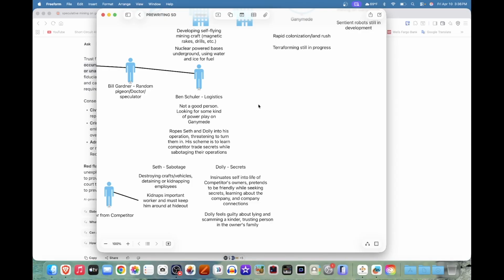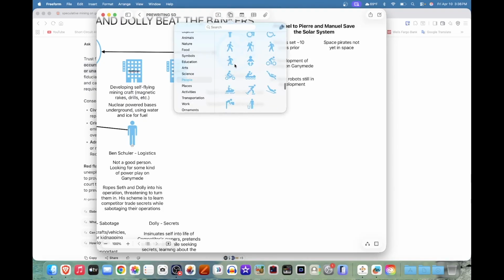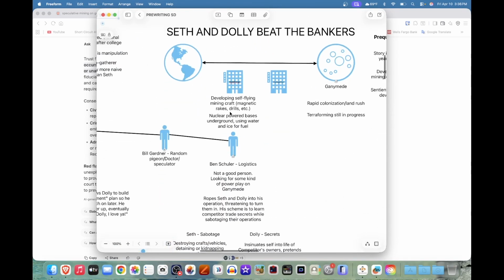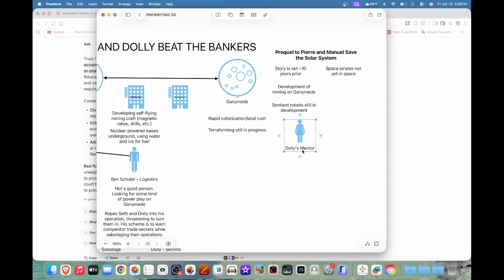Because of the sentient robot still in development, I did want to have an attempt at a sentient robot being made that is a total disaster and is kind of gone crazy. Her name is Hale. So let's go ahead and add her in. Actually, let's just duplicate this. Now, Hale, I haven't decided what that stands for yet, but we'll figure it out.